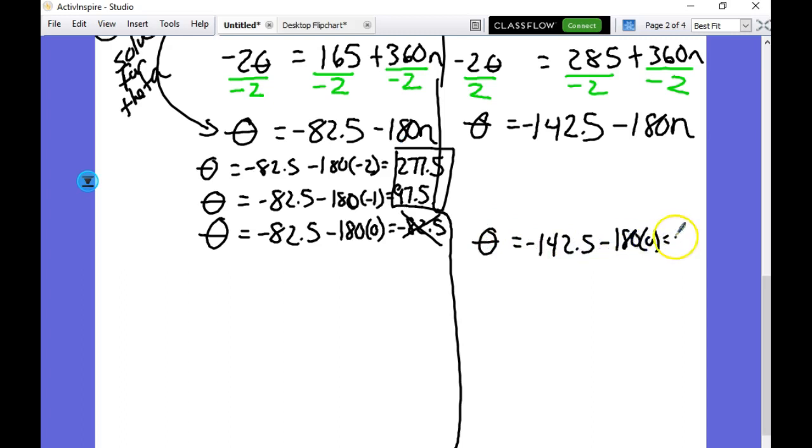Okay, so this one gives me negative 142, which is no good, right? Let's go ahead and work backwards again. What's negative 142.5 plus 180? 37.5? What's that, Kev?